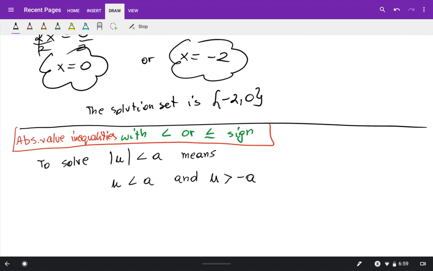So look what happened when we're solving this type of absolute value. It's less than a. So the first inequality is just the same as your original. You're just removing the absolute value. For the second inequality, you keep u, you reverse the inequality symbol, and you switch the number on the right side to the opposite. Okay, and don't forget that the word and means intersection.